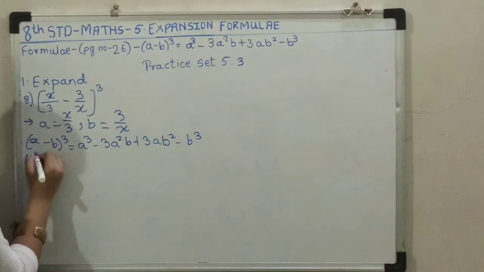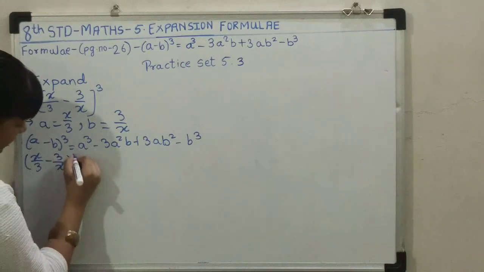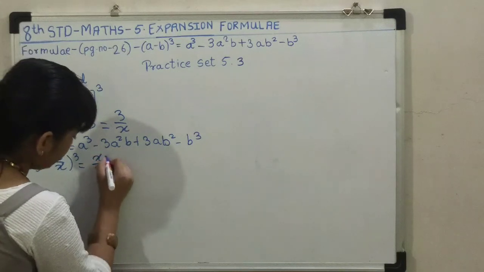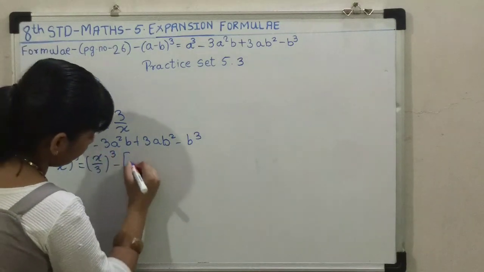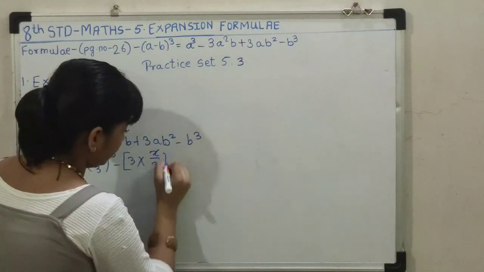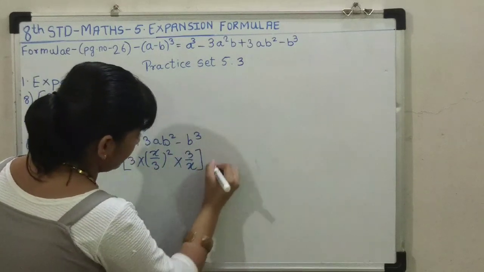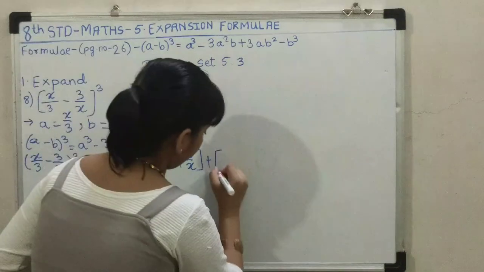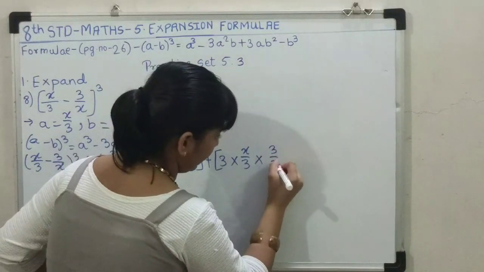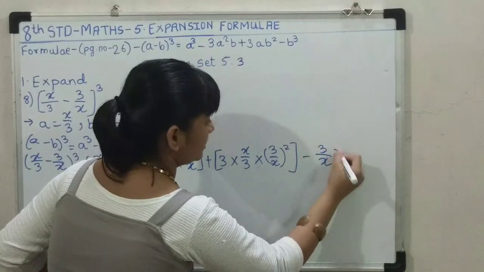So here a is x/3, b is 3/x. The bracket cube is equal to a³, that means (x/3)³, minus 3 into a squared. a is x/3, so (x/3)² into b, which is 3/x, plus 3 into x/3 into (3/x)², minus (3/x)³.